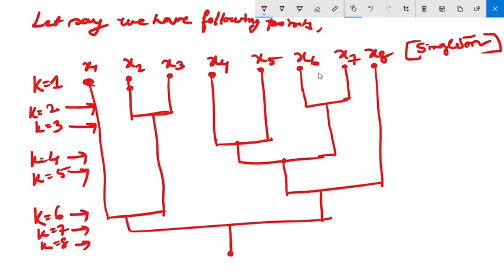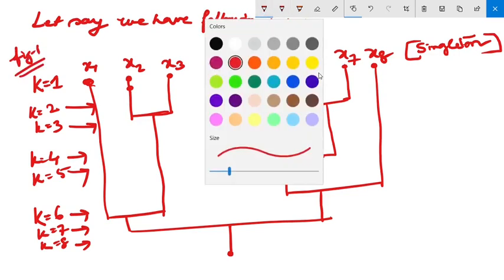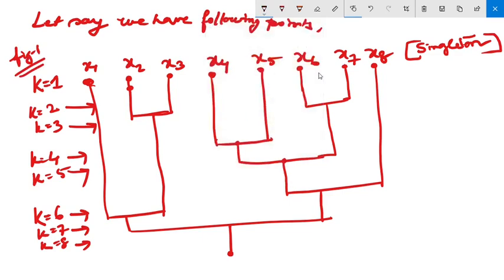Now next, how will this grouping happen? This grouping will happen based on similarity. So remember this figure. Let's say this is figure 1. Here we have a scale which starts from 0, let's say from here. It should be a straight line. So this is a similarity scale, you can say that.